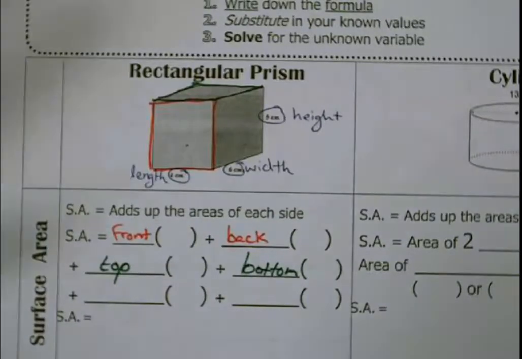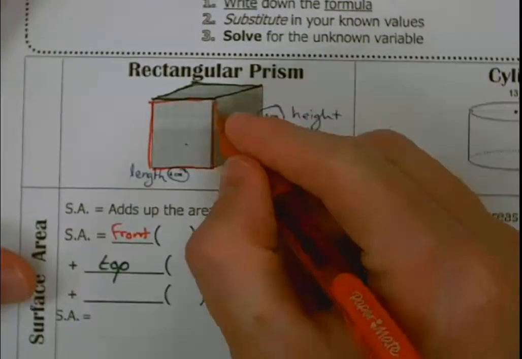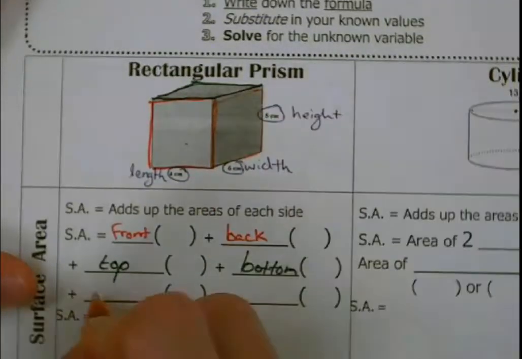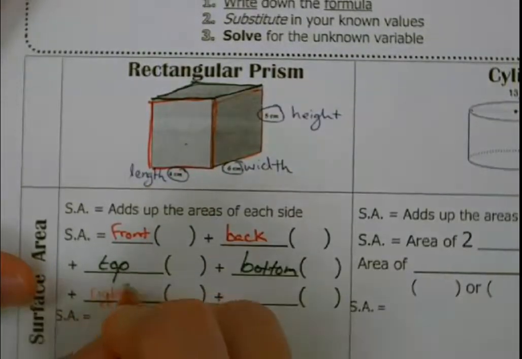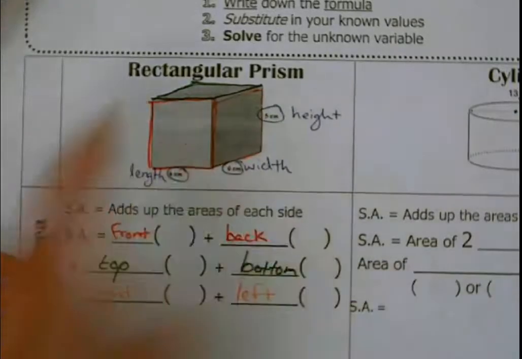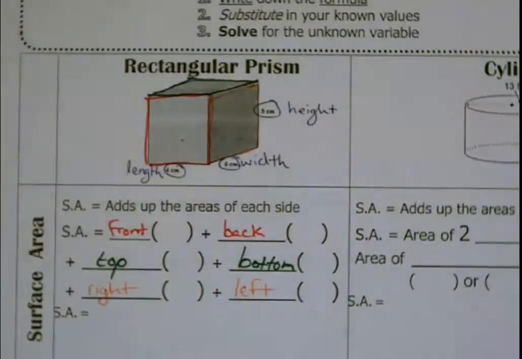Finally, I can see that we have a right side, which I've put in orange, which must mean there is a left side behind the rectangular prism. So I've got my 3 different sides. I've got my 6 different sides.